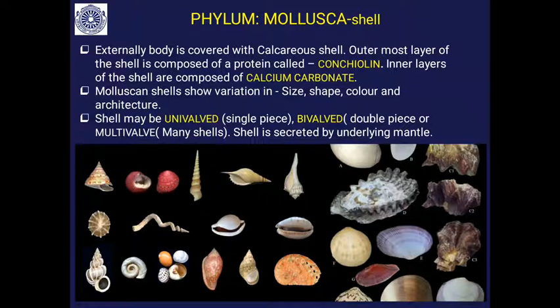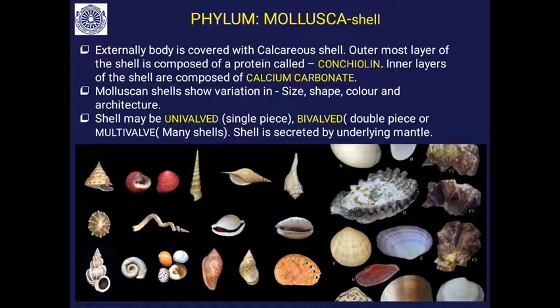Mollusca are externally covered with the calcareous shell. The outermost layer of shell is composed of a protein called conchiolin. That is why it is such a beautifully architectured shell. You will see different kinds of shell. Many have a hobby of collecting different types of shell and studying them.